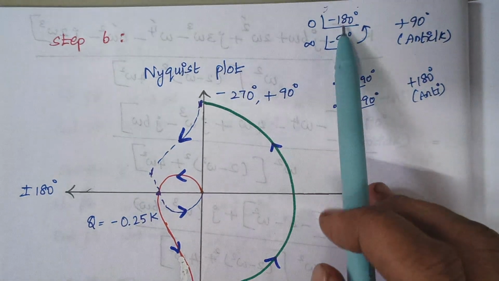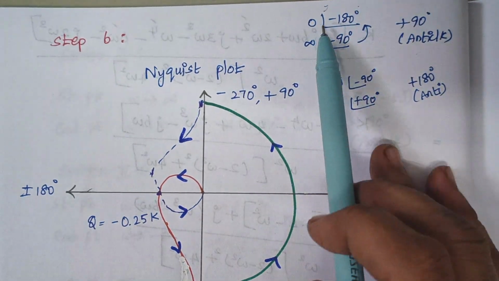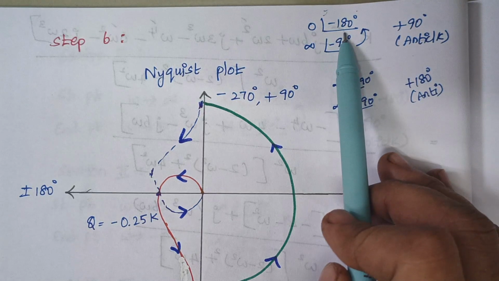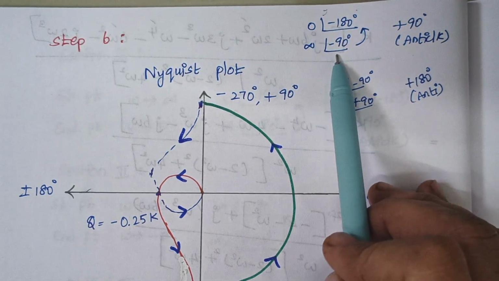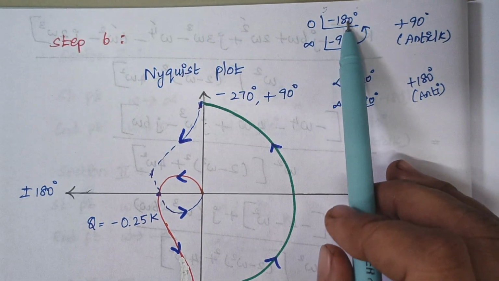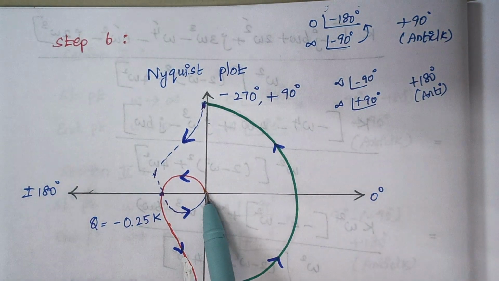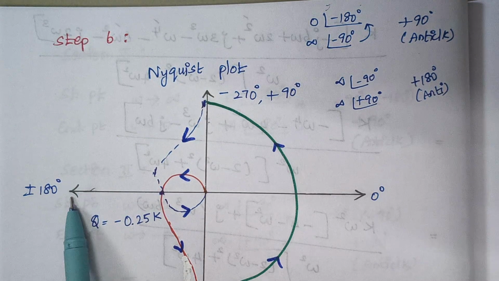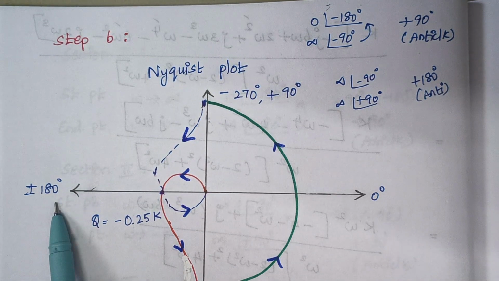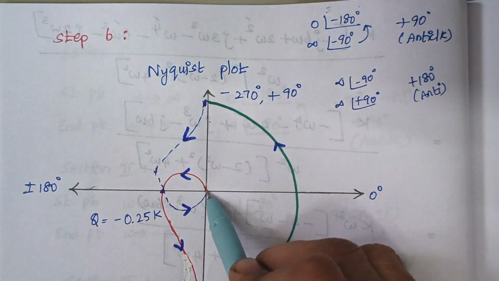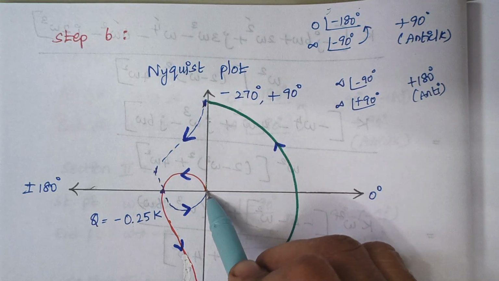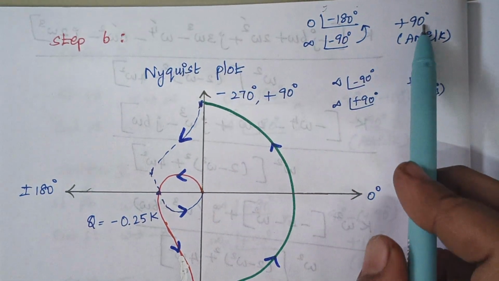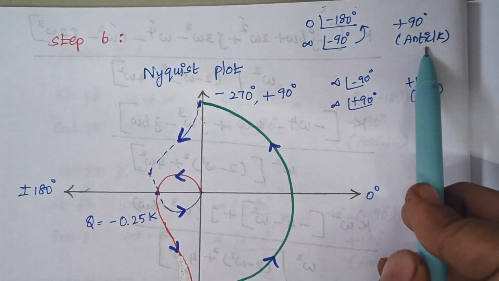So this is our section 1 part. It starts at 0 minus 180 degrees and ends at infinity minus 90. So first we start with this one, that is 0 minus 180 degree. This is my plus 180 degree line as well as minus 180 degree line. It starts at 0 minus 180 degrees and has to be rotated 90 degrees in anti-clockwise direction.